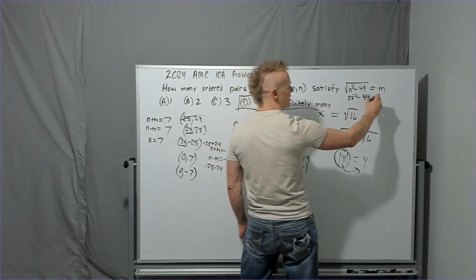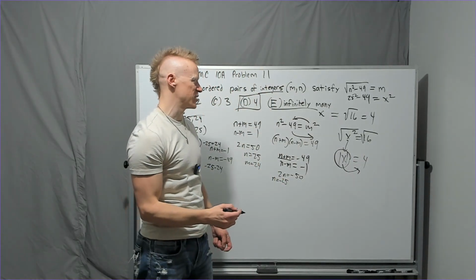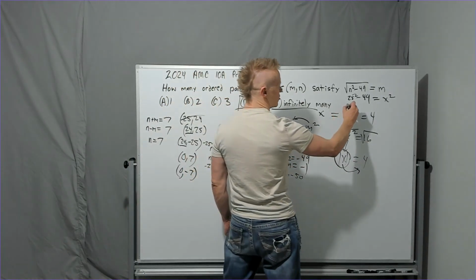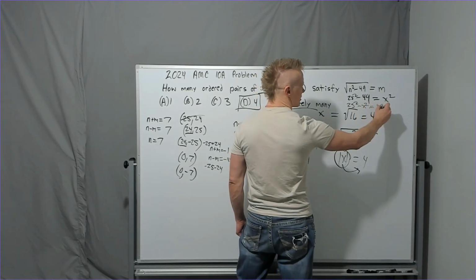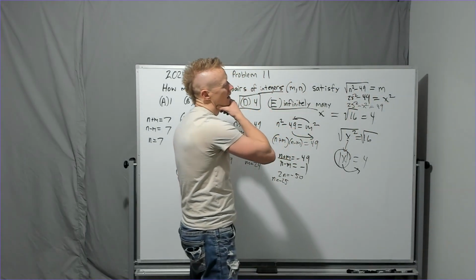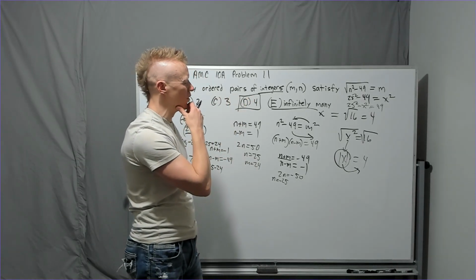If I think of this as x squared, some perfect square, then 25 squared minus x squared equals 49, you're kind of just doing the same thing with the m that you had before.